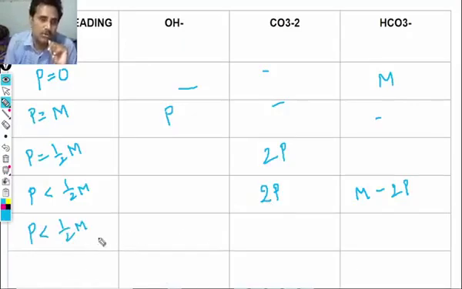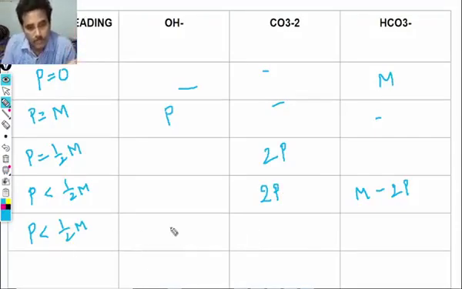When P is less than half M, then hydroxyl and carbonates are present. Total hydroxyls can be estimated using phenolphthalein indicator, and only half of the carbonates will react using methyl orange indicator. With phenolphthalein indicator, complete hydroxyls and half of the carbonates react. The remaining half of the carbonates react when you add the methyl orange indicator.